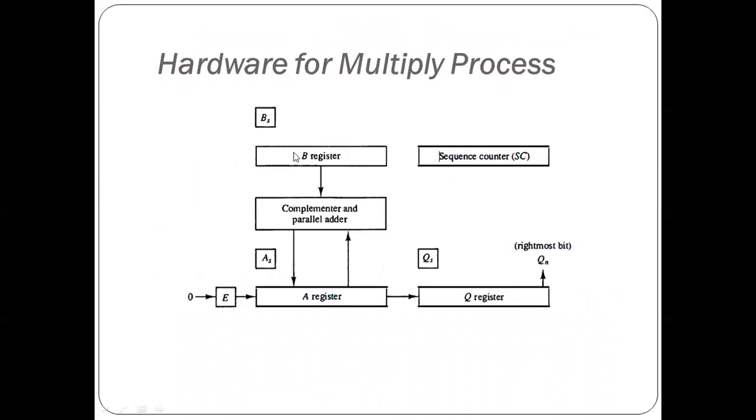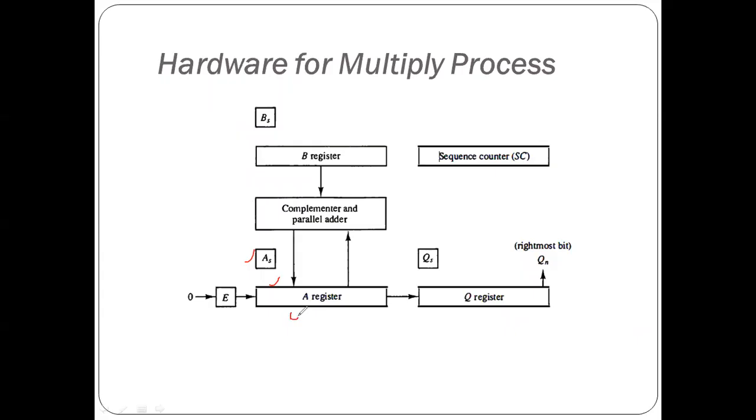Coming to the hardware required. In the A register, we have AS and A; this is the partial accumulator. We call this the accumulator, which holds the result.